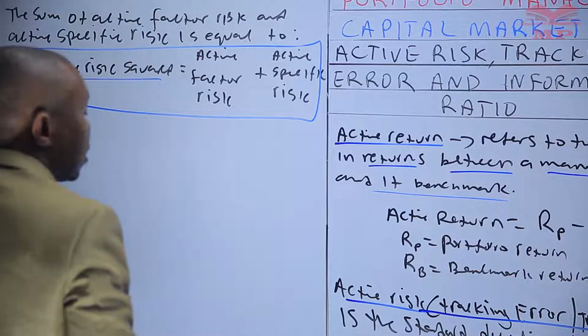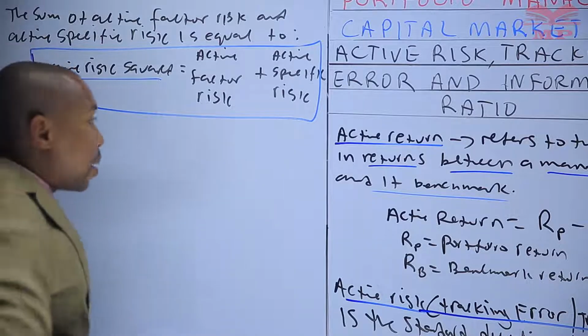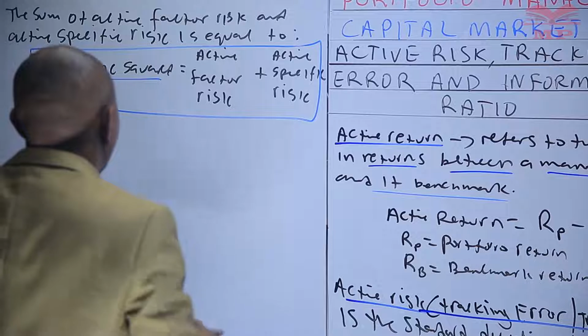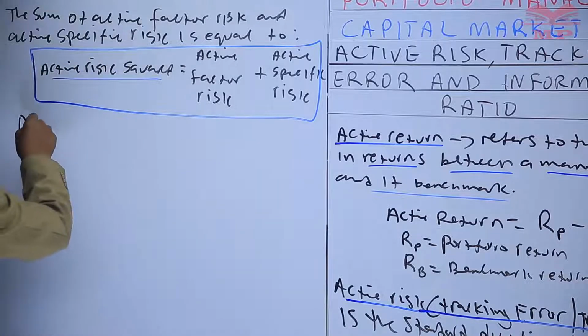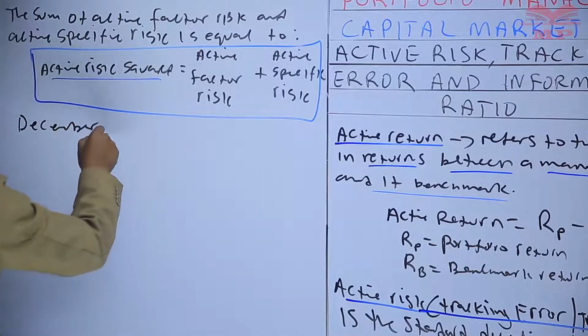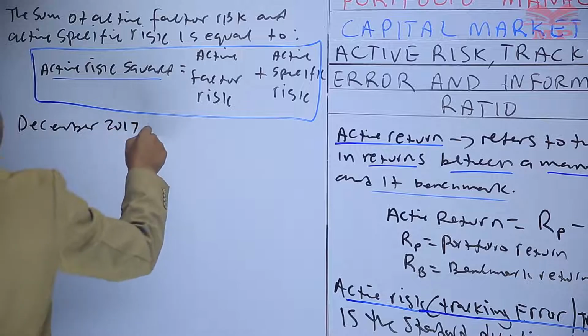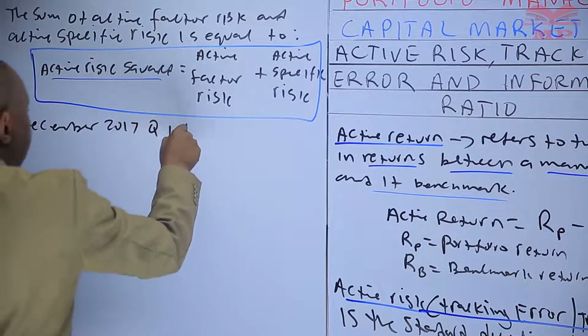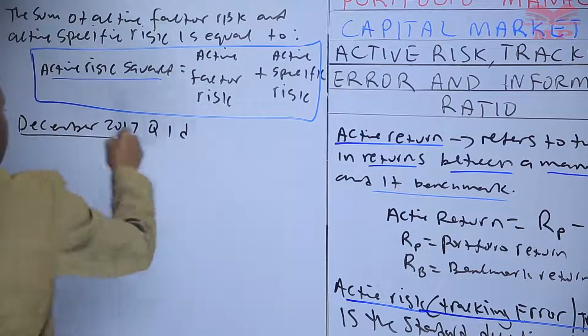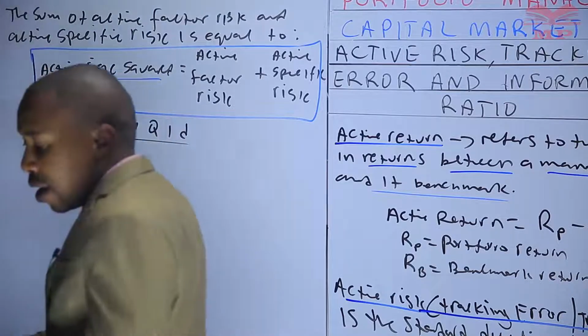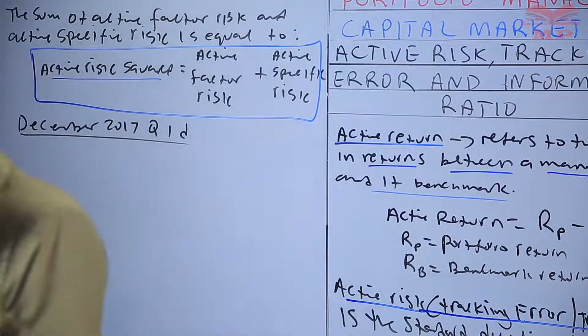So we discuss an example. The example that we are going to look at together is December 2017, question 1D. Hope you have your question bank, and I will read the question for you.